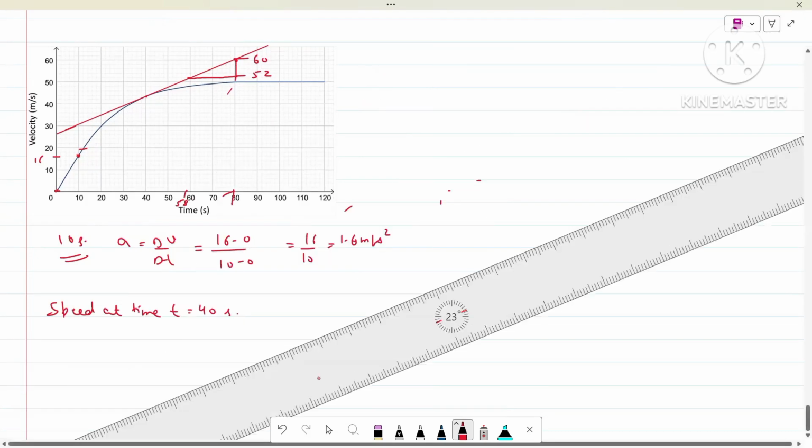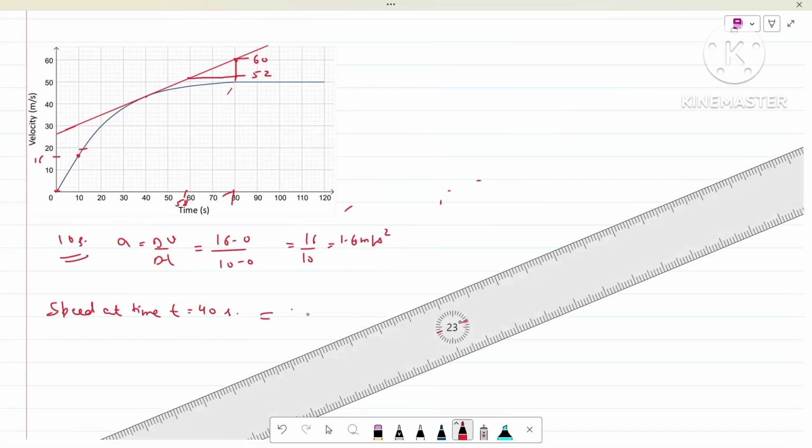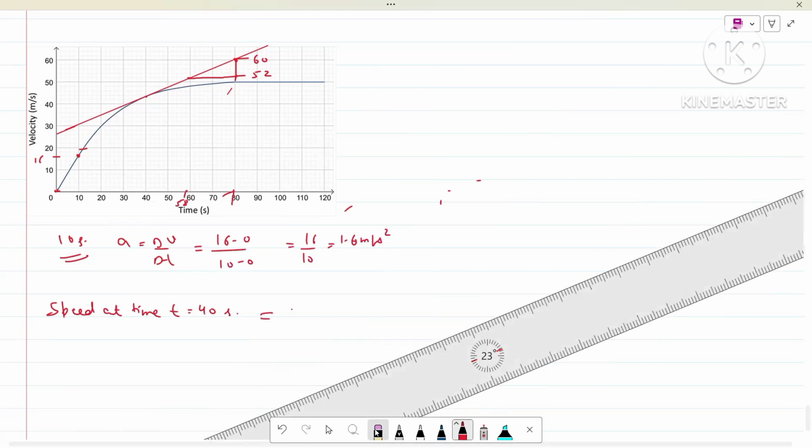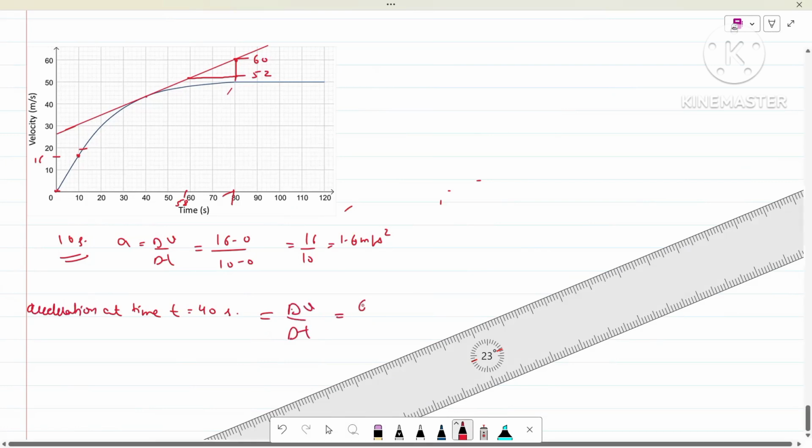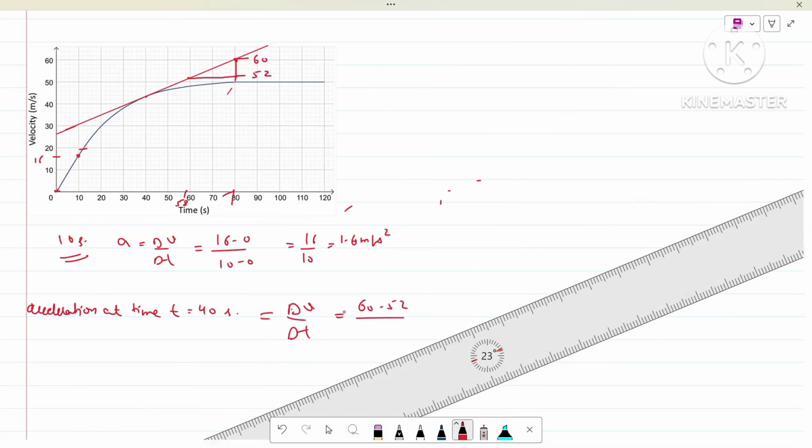So speed will be again change. Sorry, I have to find acceleration here. Wait, let me correct. This is acceleration. And acceleration is again delta V by delta T. Change in speed is 60 minus 52 divided by time taken, here time is 80 minus 58.